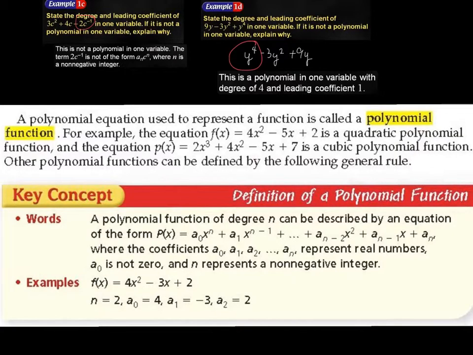A polynomial function of degree n can be described by an equation of the form p of x equals a sub 0 x to the n plus a sub 1 x to the n minus 1, plus a sub n minus 2 x squared plus a sub n minus 1 x plus a sub n, where the coefficients a sub 0, a sub 1, a sub 2, and a sub n represent real numbers. A sub 0 is not 0, and n represents a non-negative integer.